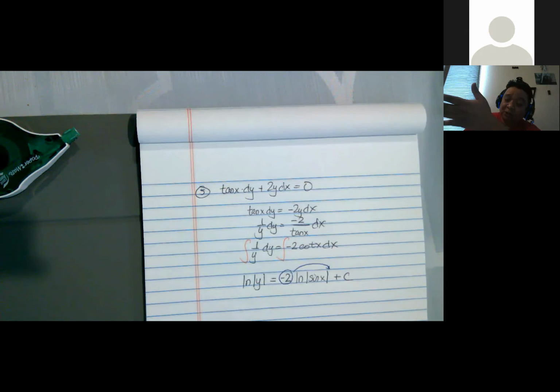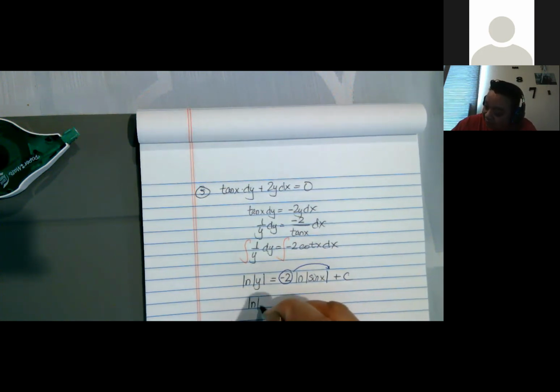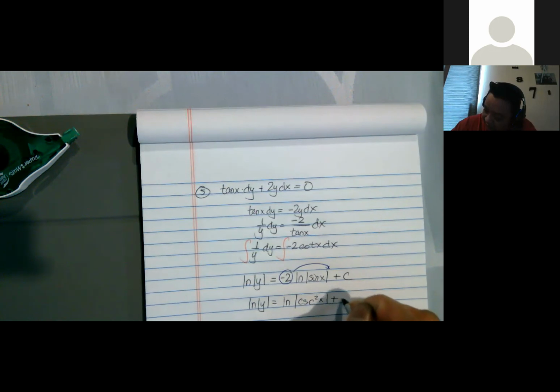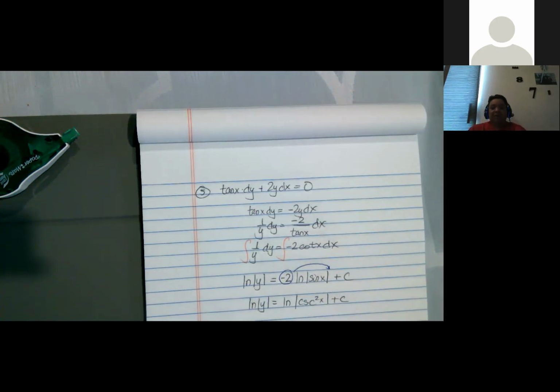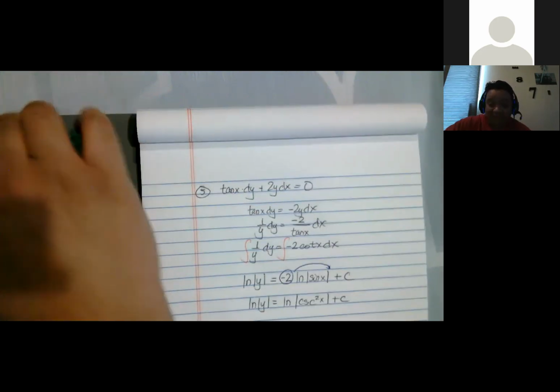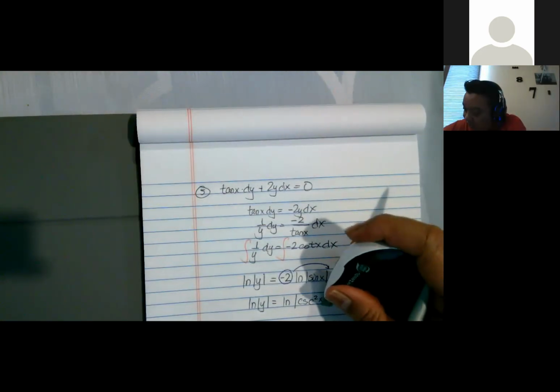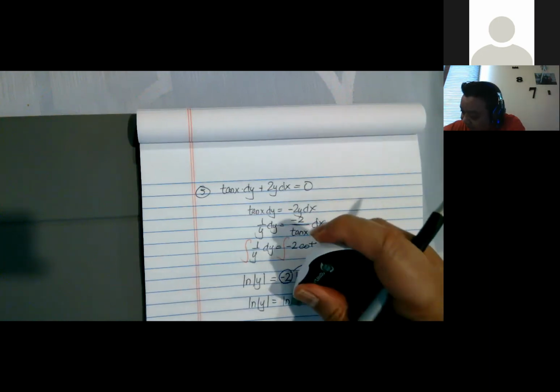The reciprocal of sine is cosecant. So you now have natural log of y is equal to natural log of cosecant squared x plus c. Now, since it's squared, the absolute value is actually not necessary, and you can change that to simply parentheses.